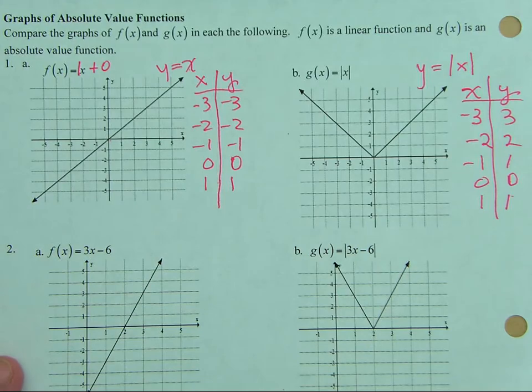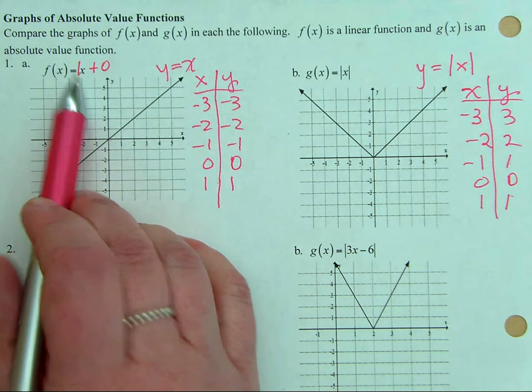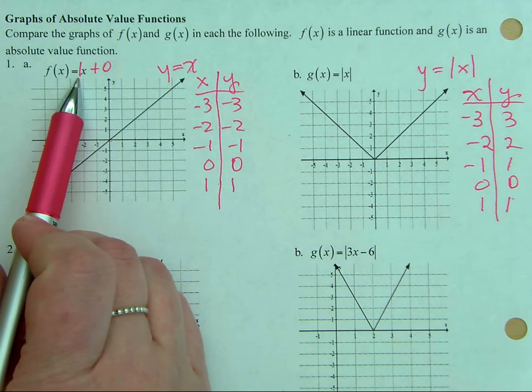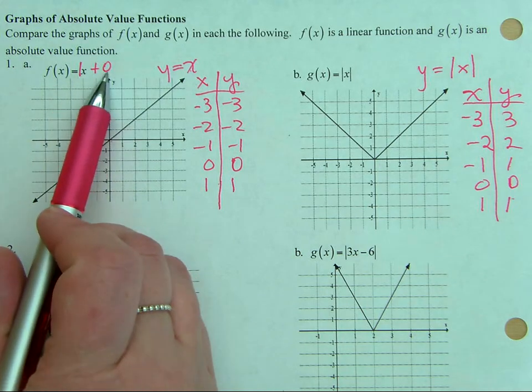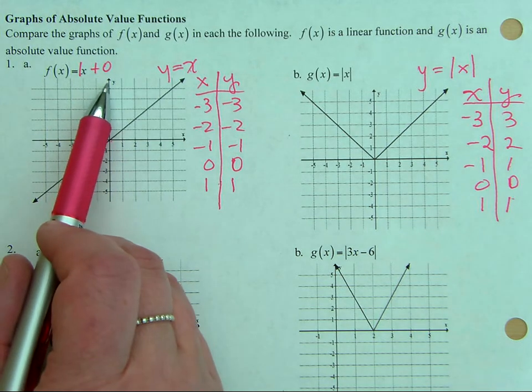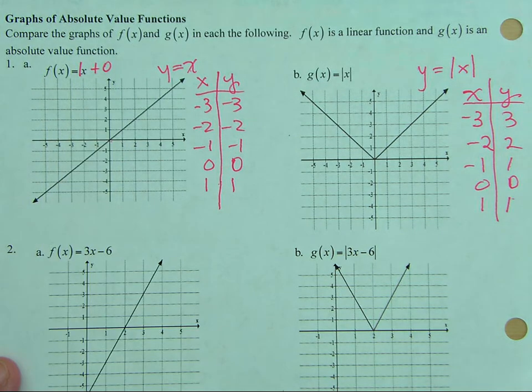When we multiply by 1, it doesn't change the value. That's the slope of 1. So that's the identity property of multiplication. If I'm adding 0, it also doesn't change the value. That 0 is the y-intercept, and that's the identity property of addition, because if I add 0, it doesn't change its identity. It stays the same.